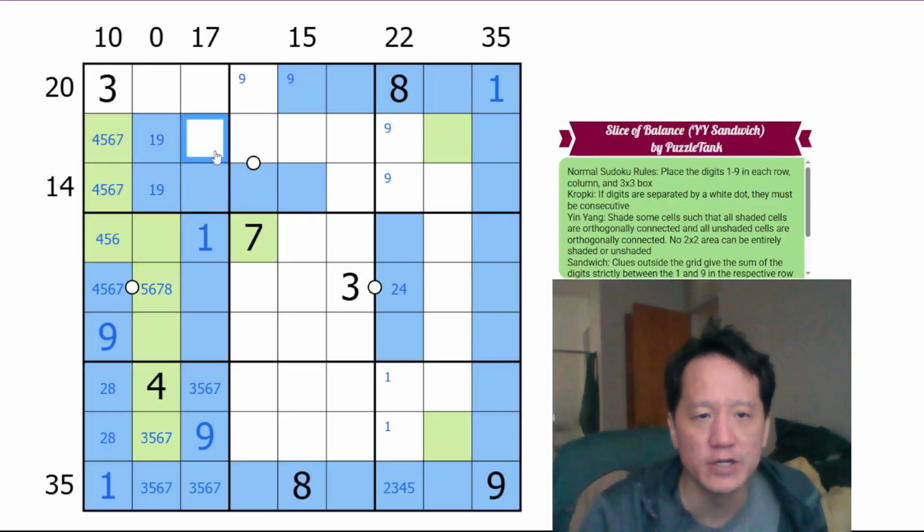This 2 by 2 area is all shaded, so this can't be shaded here. This must exit out and connect. The green has to connect out here, so it must connect to here and here. This is a 2 by 2 area that's all unshaded, so this must be shaded here. Green still has to connect, so this is green there. This is a 2 by 2 area that's all shaded with 3 shaded, so this is unshaded.